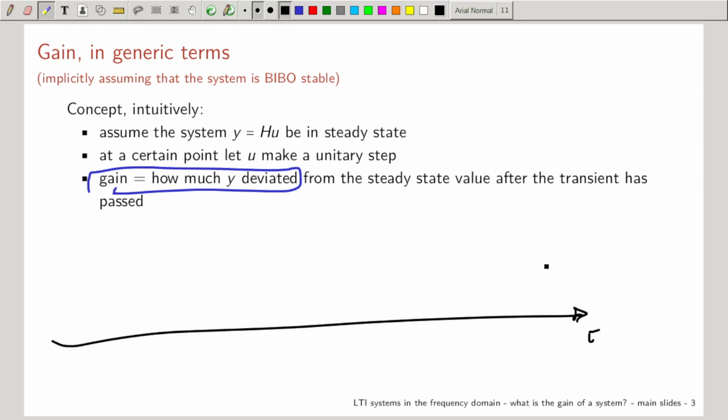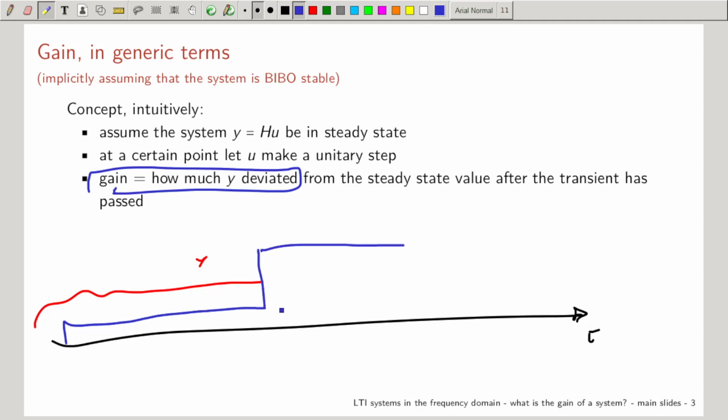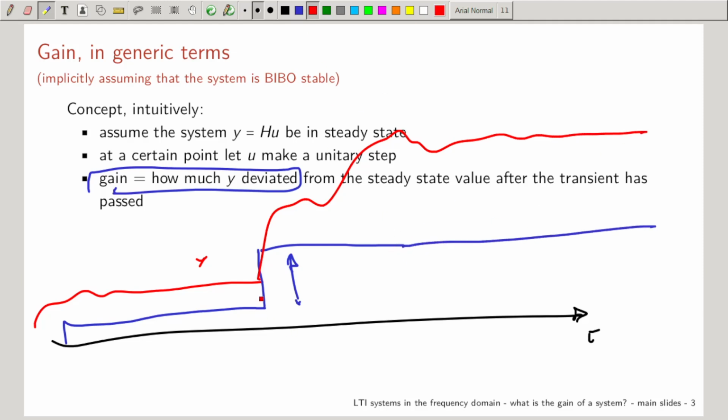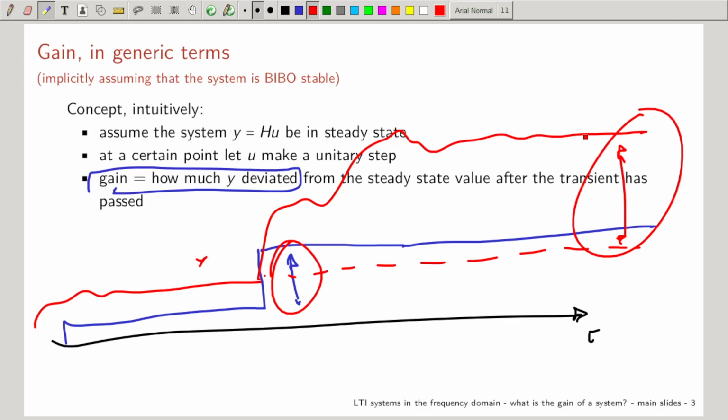Time, I am in steady state, and this is my y, and I have a u that is like this one, and then I do a step, and this will do something, true? And for this injection, we get this gain.